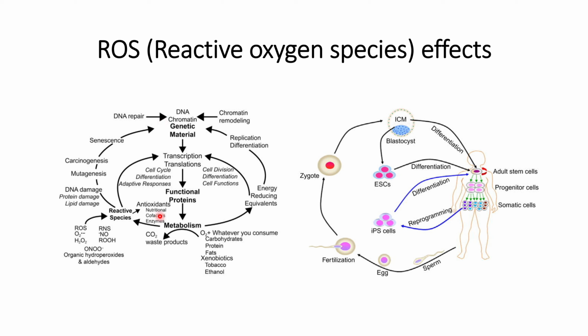So that is the reason the reactive species need to be controlled, and if they increase beyond the limit, they will cause various problems, and some of them might be harmful or fatal to human beings.